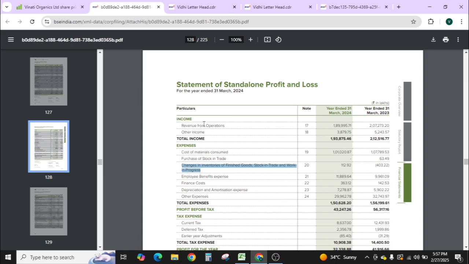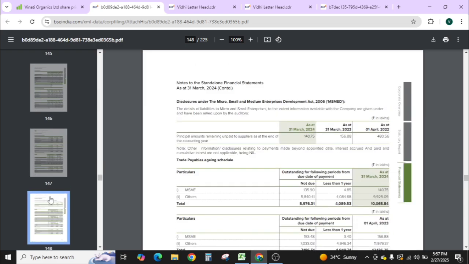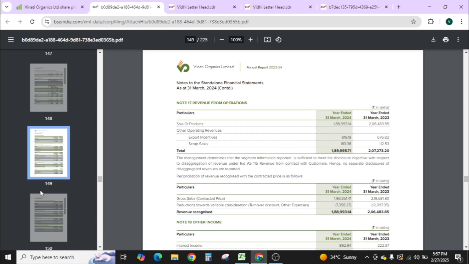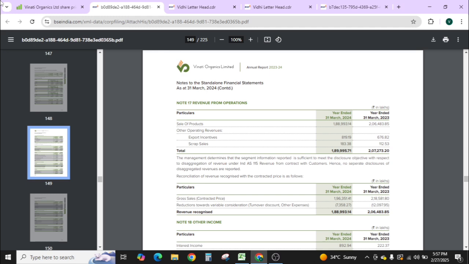But if we see the revenue from operations footnote, which is number 17, we won't find the breakdown the way we found the footnote in Vidhi. Generally it depends on the company whether they want to give it or not. Here they haven't given how much of their revenue is contributed by trading and how much by manufacturing.